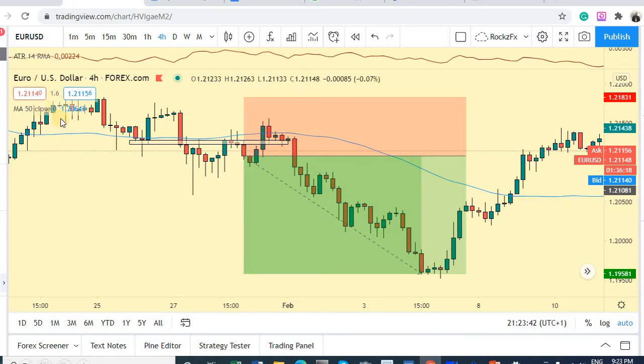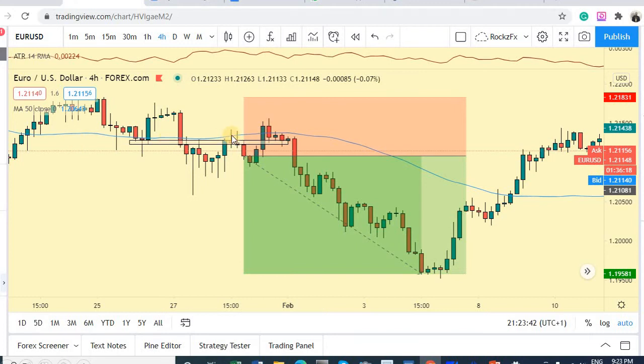Now you can agree with me that this trade is making lower highs and lower lows, and by the time the market breaks this low at this point and retests it, after retesting it, it rejected the 50 periods moving average.